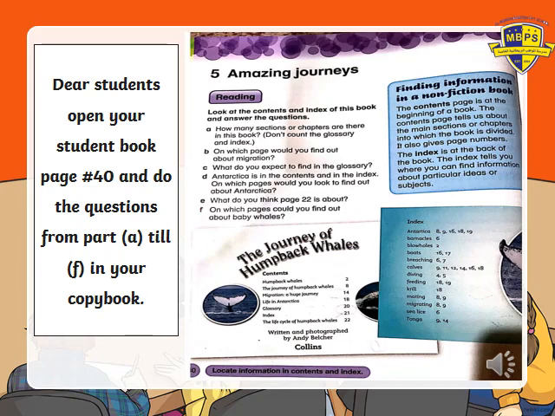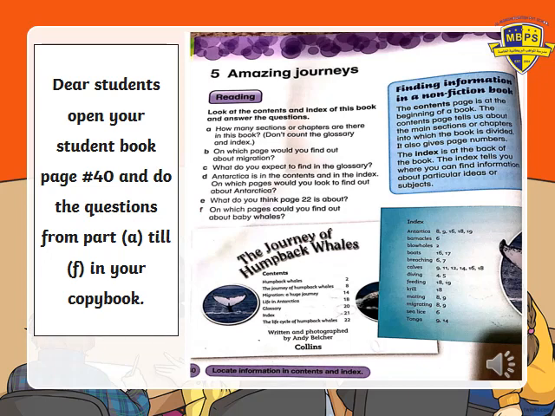Index means, you remember, that the words are listed in alphabetical order along with the page numbers, right? And on the left side, that is the journey of humpback whales, there is a table of contents, where they have given the chapter names along with the page numbers.